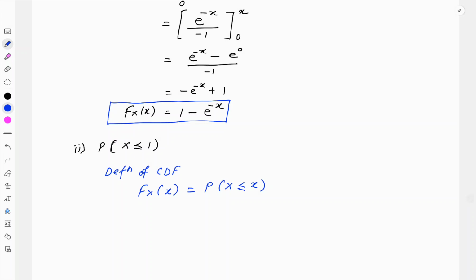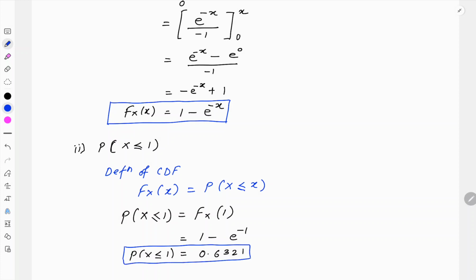So probability of X less than or equal to 1 will be equal to Fx of 1, and we have the equation of Fx. Substitute the value of x as 1 in this equation, so it is 1 minus e raised to minus 1. So P of X less than 1 is equal to, if we find the value, 0.6321.